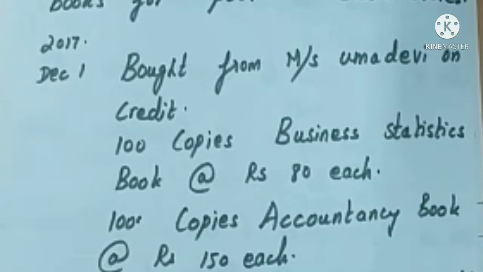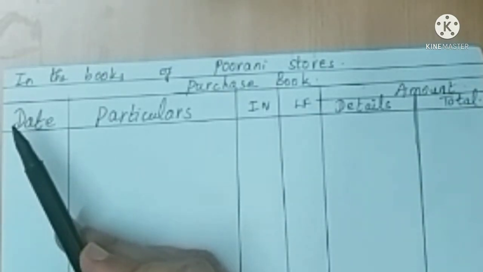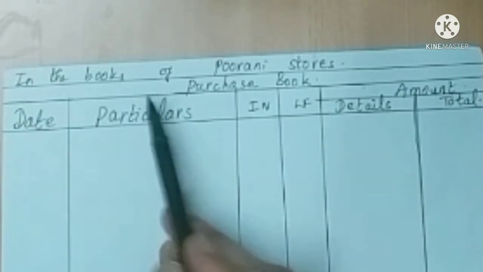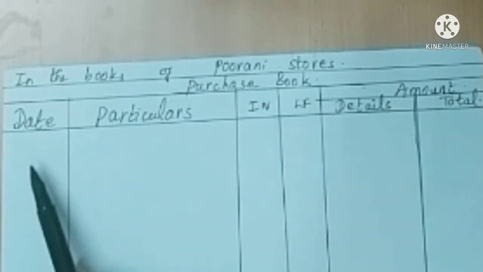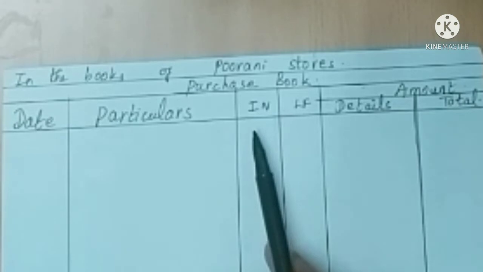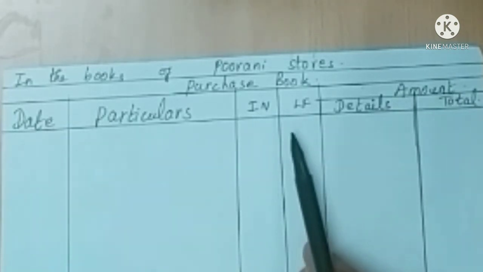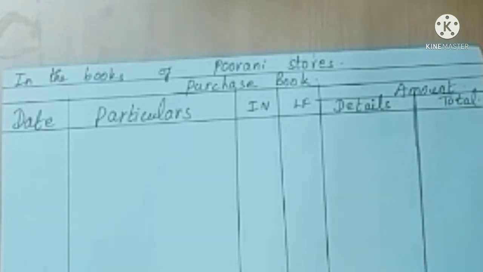So now we have to record it in the purchase book. We have to write the heading as in the books of Purani Stores, purchase book. Date, particulars, IN, that is invoice number, LF, ledger folio, amount, details, total.